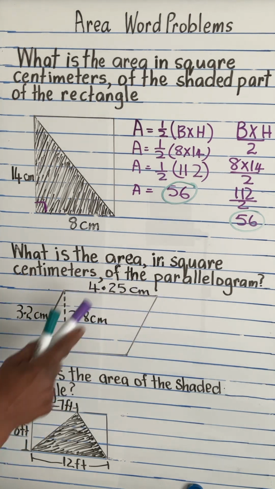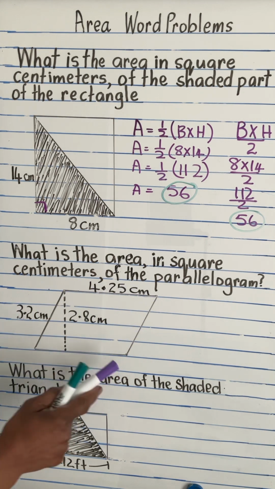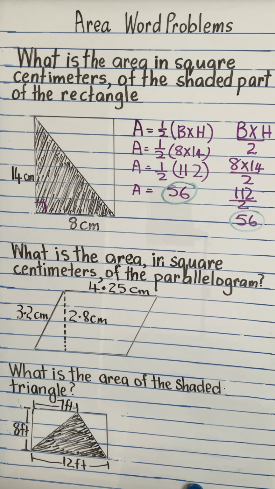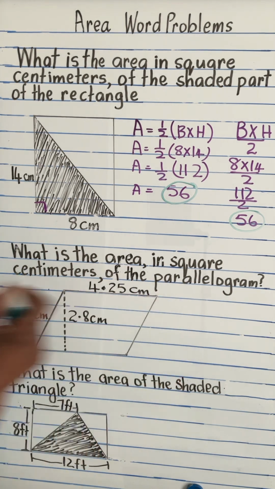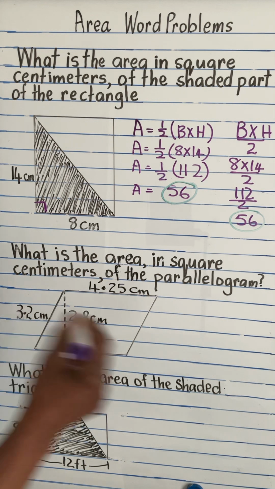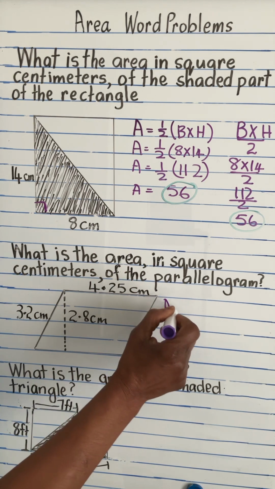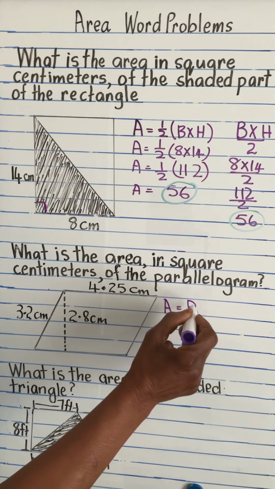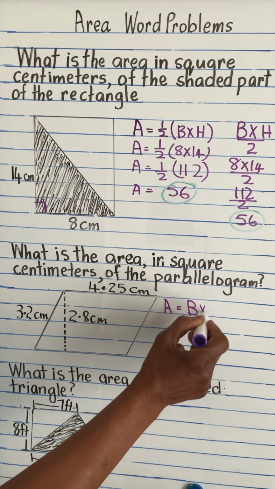So the parallelogram has 2 sets of parallel lines. So how do we find the area of a parallelogram? The area is equal to base times height.